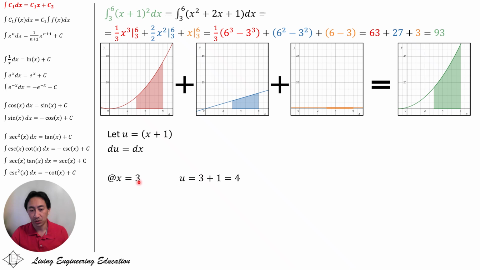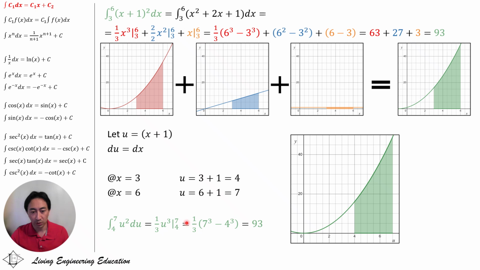So at x equals 3, we plug in 3 here, 3 plus 1, we get a lower limit of u equals 4. And we plug in x equals 6 here, we get 6 plus 1, u is equal to 7. So when I take this form of the function integral, I'll substitute with my u values, my du values, and my lower and upper u limits.